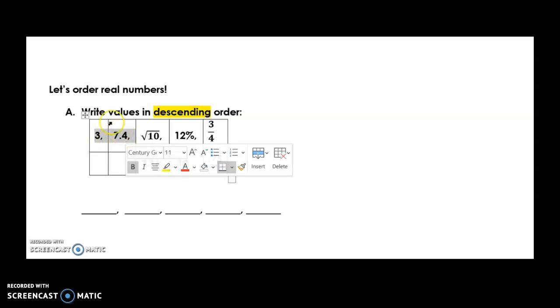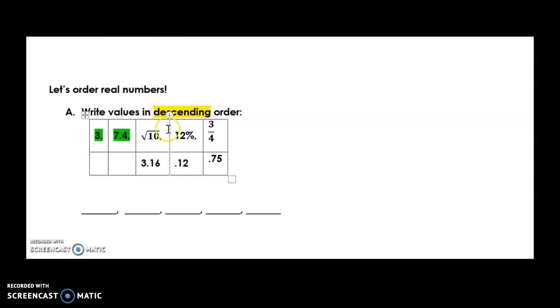So now when we're looking to compare, again, we said that we did not have to convert these two values. Here are our conversions that we're going to use for the comparison. So looking at those values, remember I'm going in descending order, biggest to littlest. So my biggest value in here, going place value by place value, would be my whole number values, these 3 right here. 7 is definitely the largest number I see there.